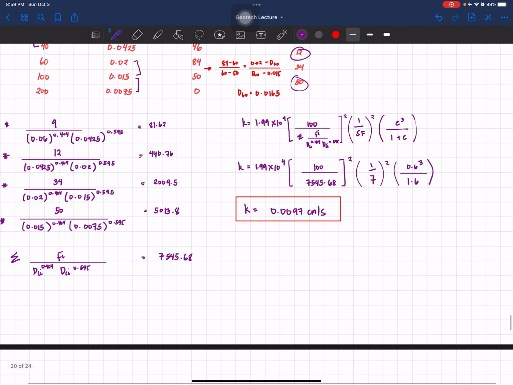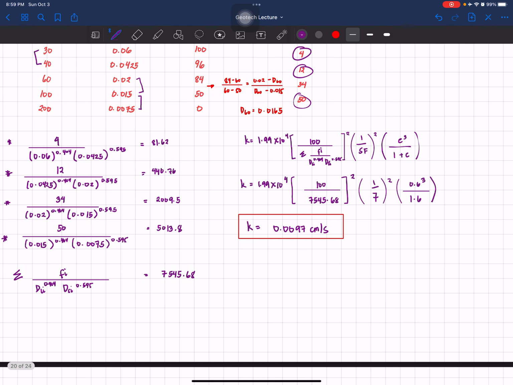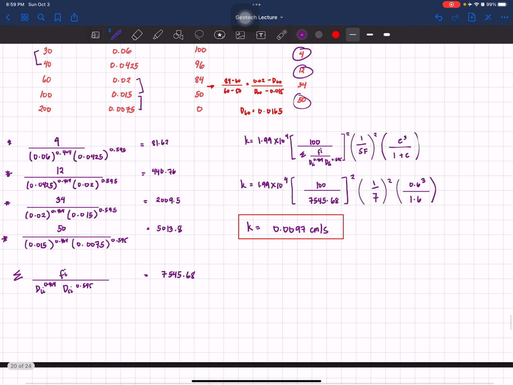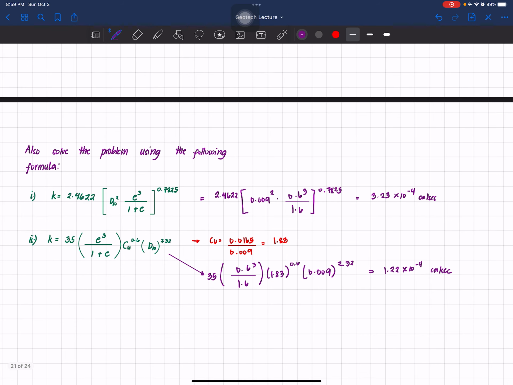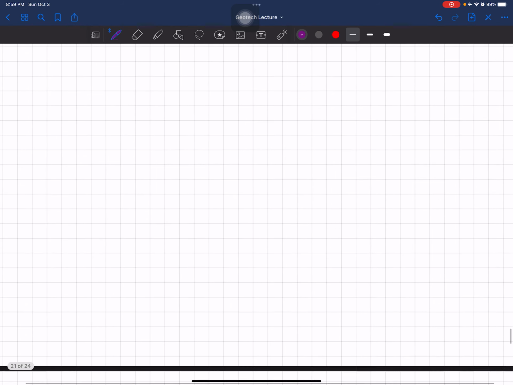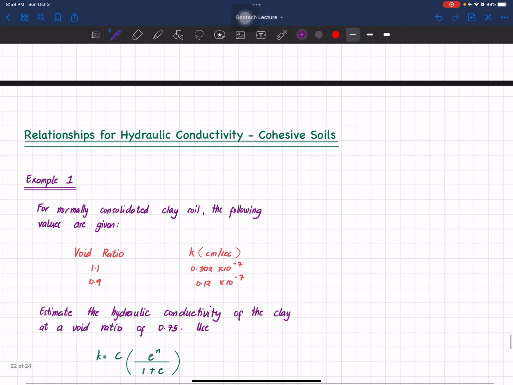Okay? So, ang matrabaho lang dito yung second problem. Kasi masyadong mahaba yung may passummation kasi siya. Okay, so may passummation siya. So, we have to comply and we have to compute. So, yun lang naman guys, yung ating granular soil. Okay? So, next topic natin is hydraulic conductivity for cohesive soils naman.